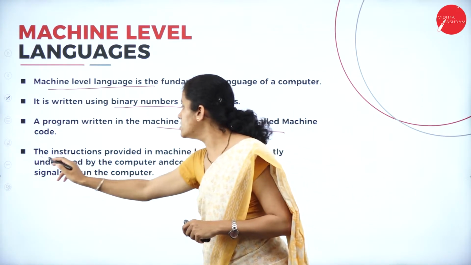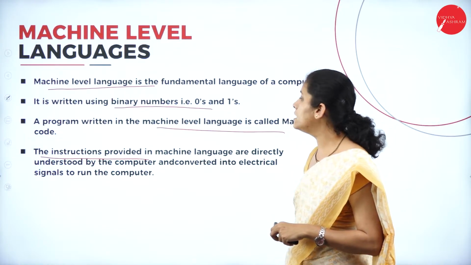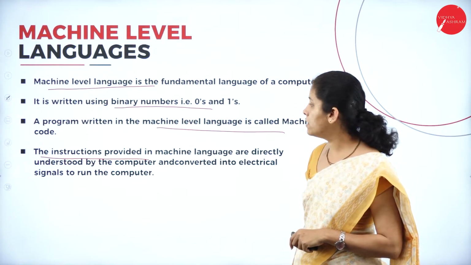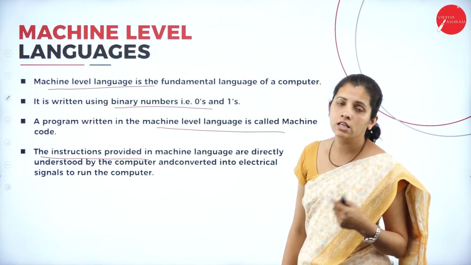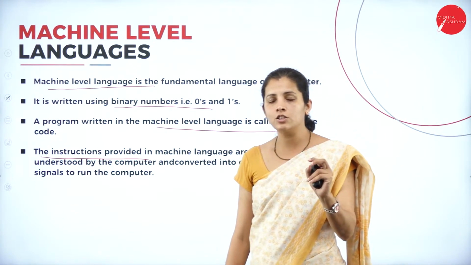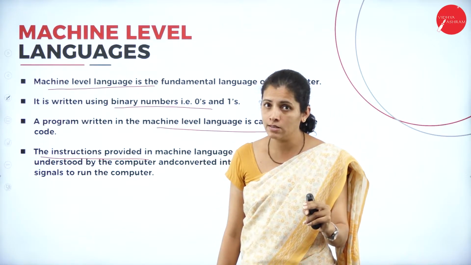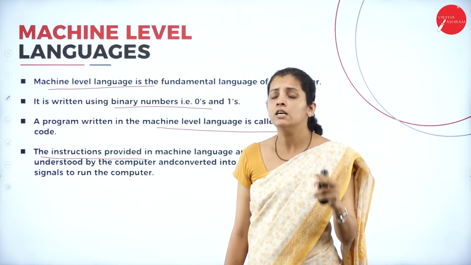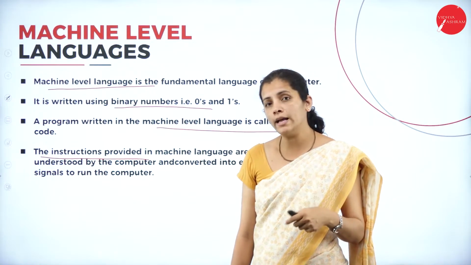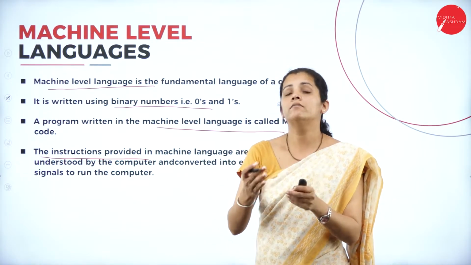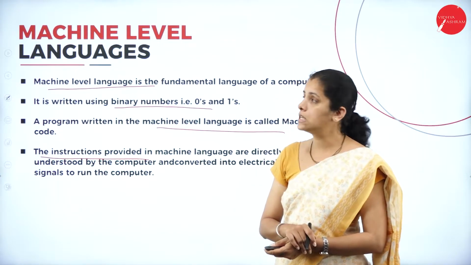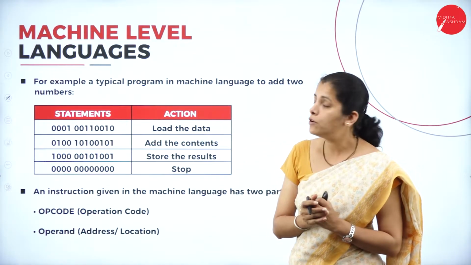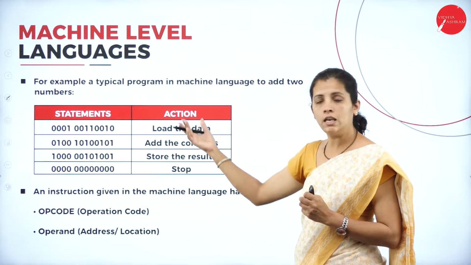The instructions provided in machine level language are directly understood by the computer and converted into electronic signals. Now this is the table used to give the information about machine language.